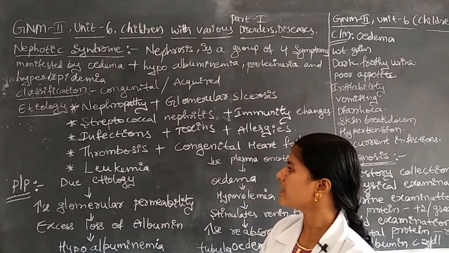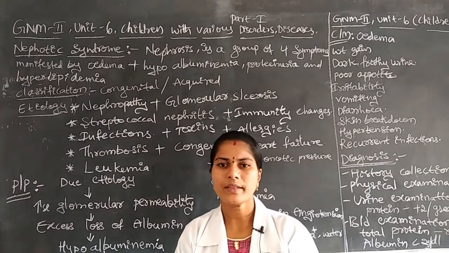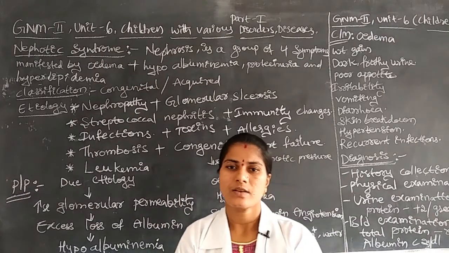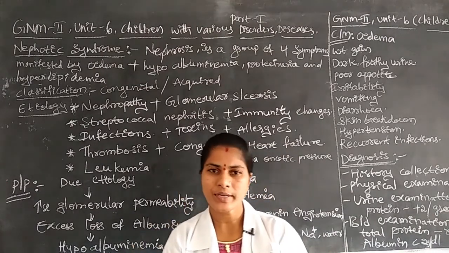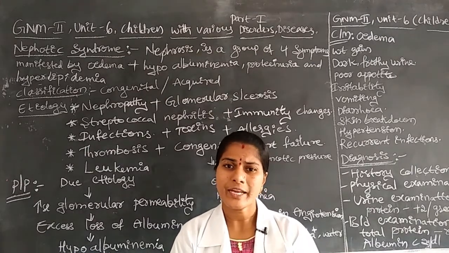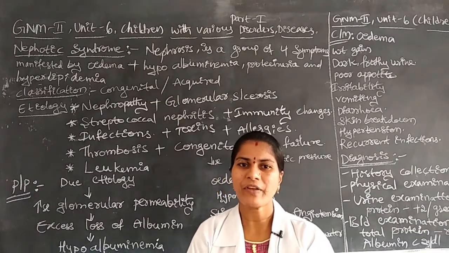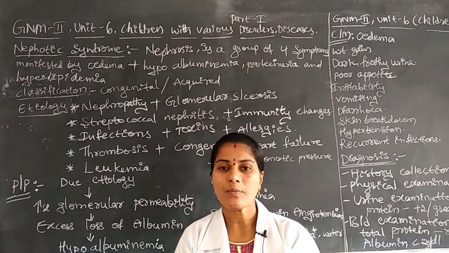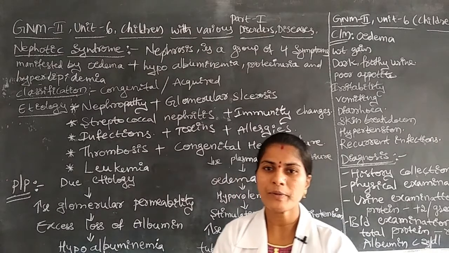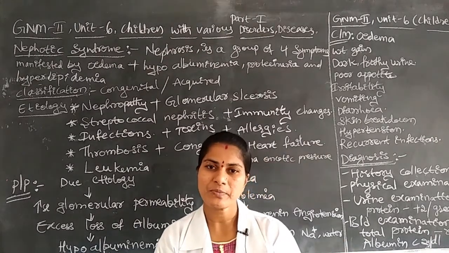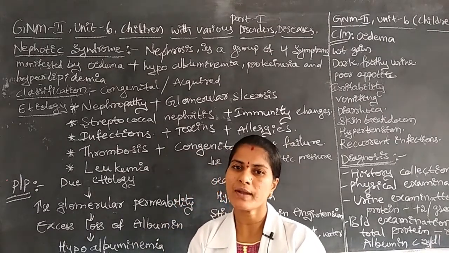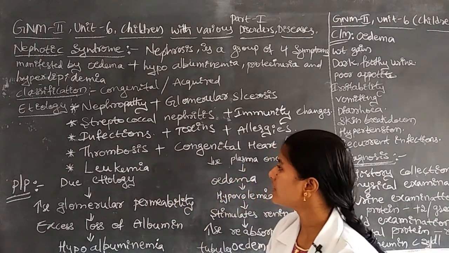Another one is thrombosis. Thrombus formation or fat accumulation in the kidneys, ureters, nephrons or glomerulus, any part, alters the normal function. Due to this, fluid may be retained and purification of blood may be decreased or altered.